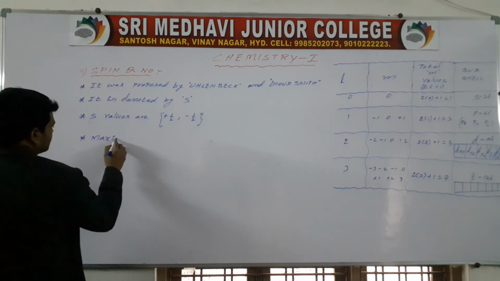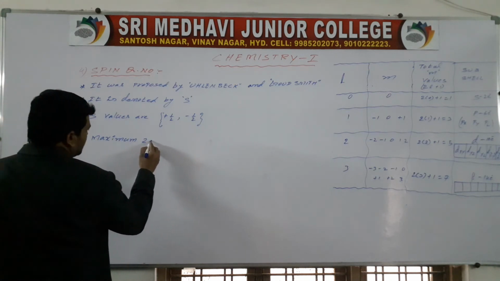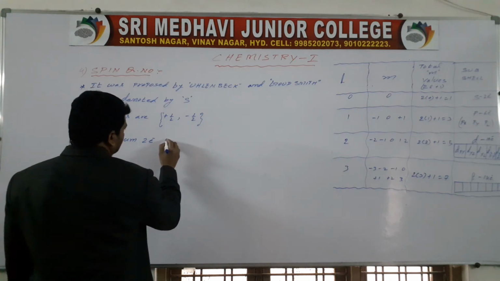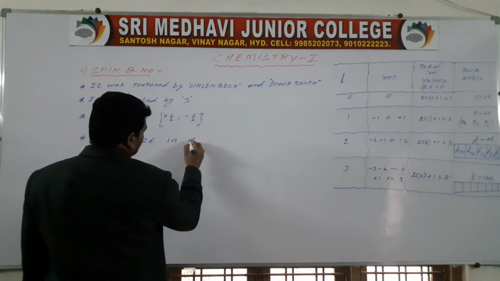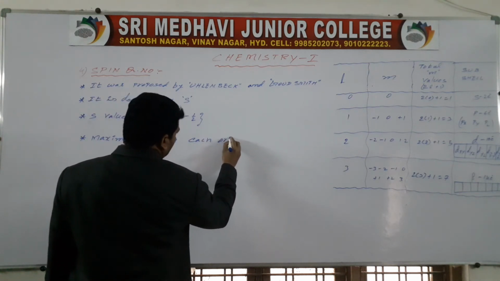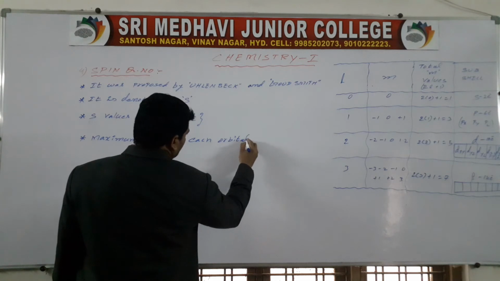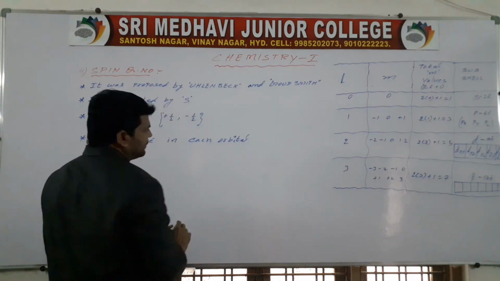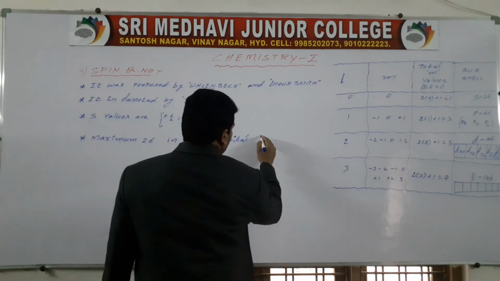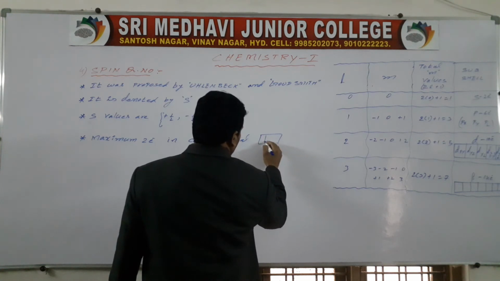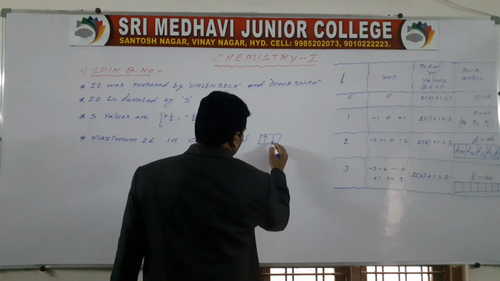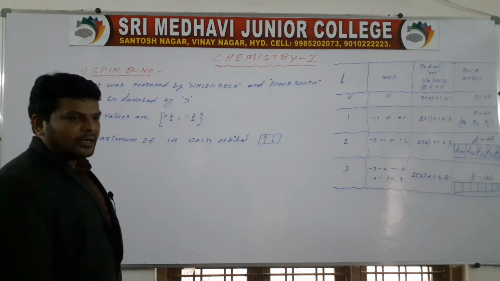Maximum 2 electrons in each orbital, like this. One is in the upward direction, another one is in the downward direction.